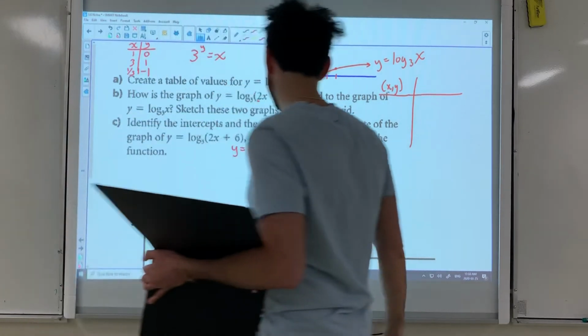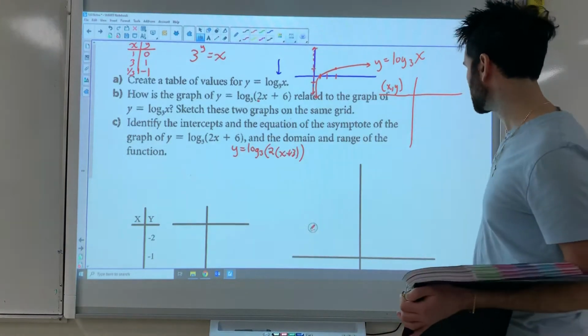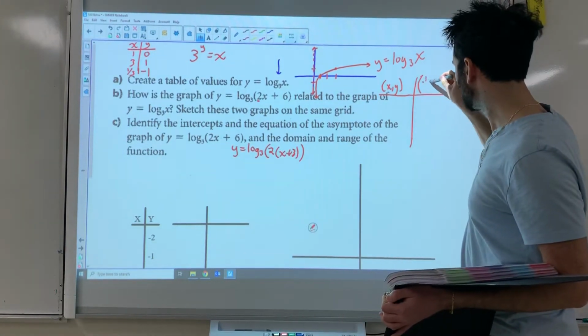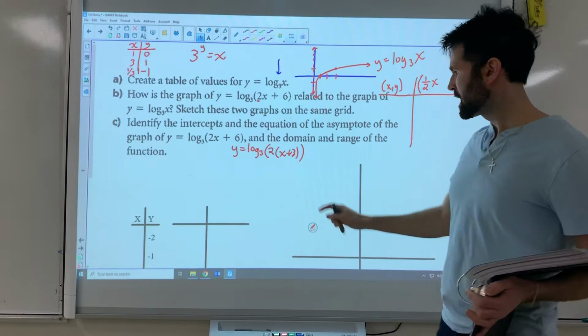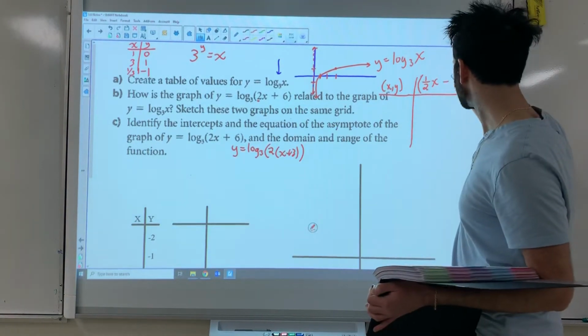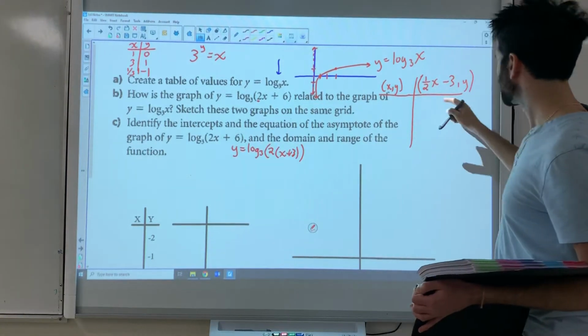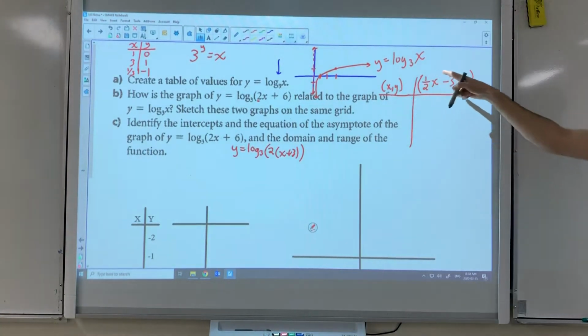So now we can see the transformations to x. You always multiply by the reciprocal of that b value out there. So it's going to be 1/2 x. And then it's +3, so it's always the opposite sign. So we're subtracting 3, and there's no change to the y value. So that's what's happening to my xy points on this graph into that one.